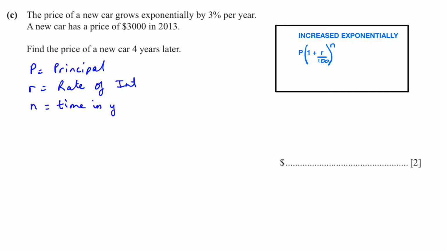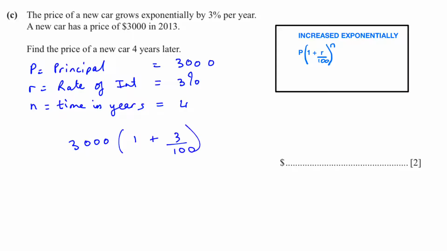In this case, our principal is $3,000 and the rate of interest is 3% and time in years is 4. So we just have to replace everything in the formula to get the answer. 3,000 times (1 + 3/100) to the power of 4.